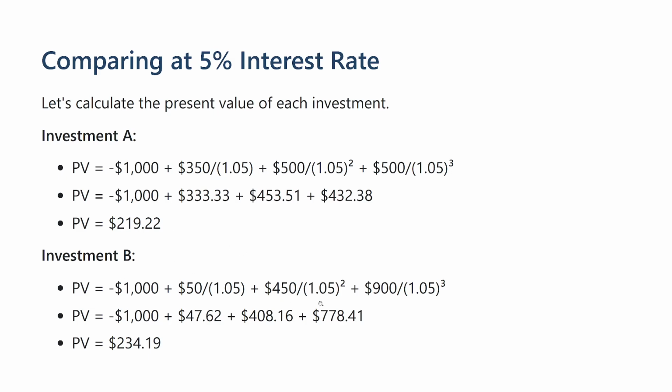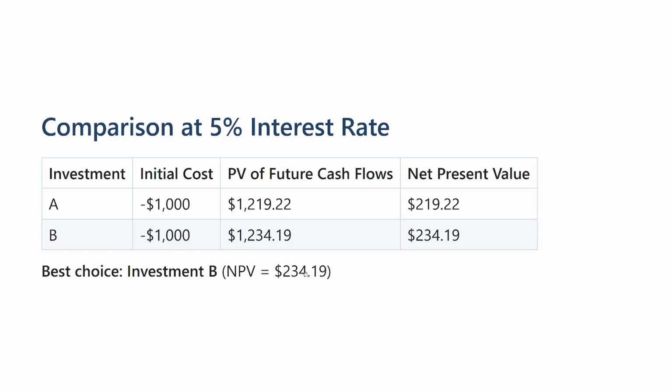Same for investment B, we get the present value of 234.19, which is still larger than investment A. So investment B is still better. You see, we have the initial cost, we have the present value of the future cash flows, we subtract that, and we get our net present value.